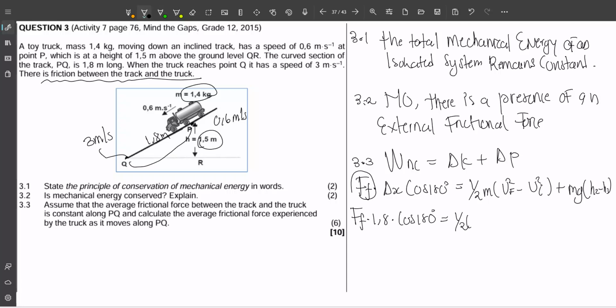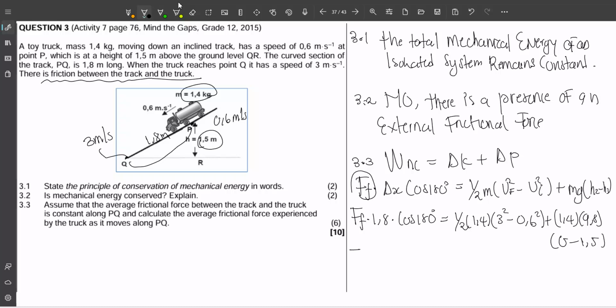mass 1.4, the final velocity 3 squared minus the initial velocity 0.6 squared, plus mass 1.4 multiplied by the gravitational acceleration 9.8 into h final minus h initial. The final height is 0, so it is 0 minus 1.5.